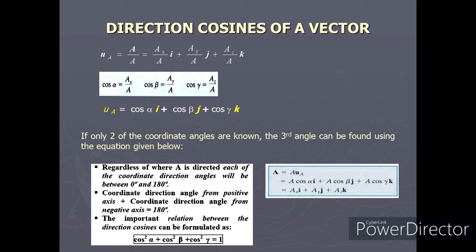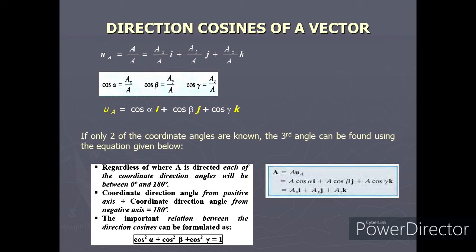So this is another formula for the unit vector. However, when any two of the angles are known, you can find the third one, because they are related using this equation: cos² alpha plus cos² beta plus cos² gamma equals 1. So if any two of the angles are given, you can find the third one, isn't it?